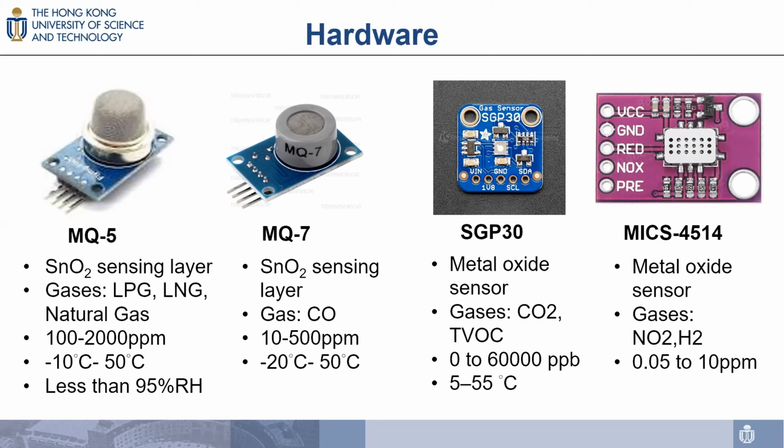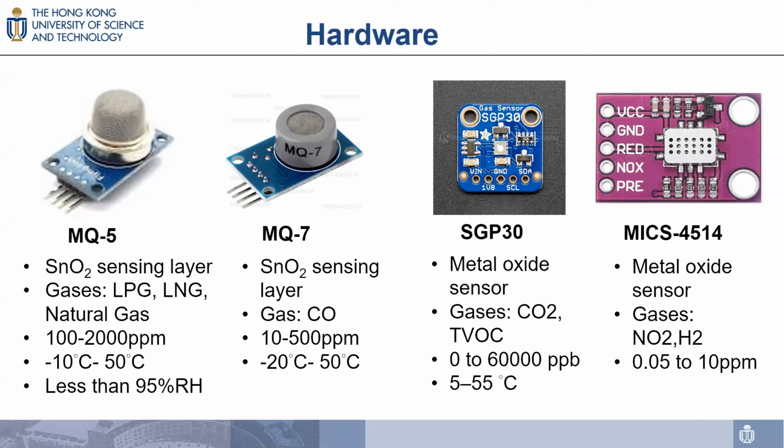Testing conditions are from -10 to 50 degrees Celsius at a relative humidity of less than 95%. And XQ7 also uses an oxide as a sensor, which senses carbon monoxide in the concentration range between 10 and 500 parts per million, in a temperature range between -20 and 50.